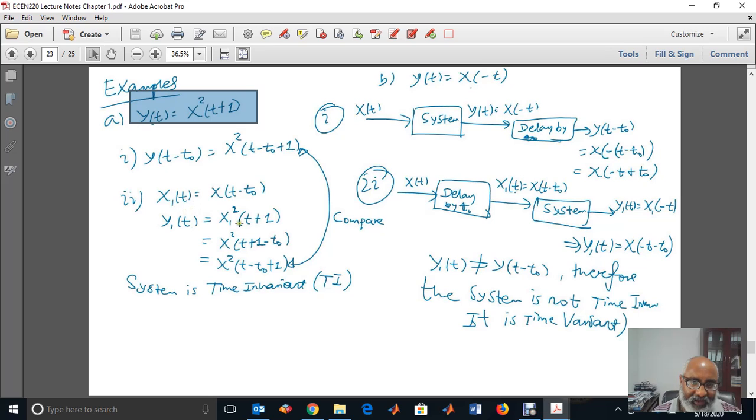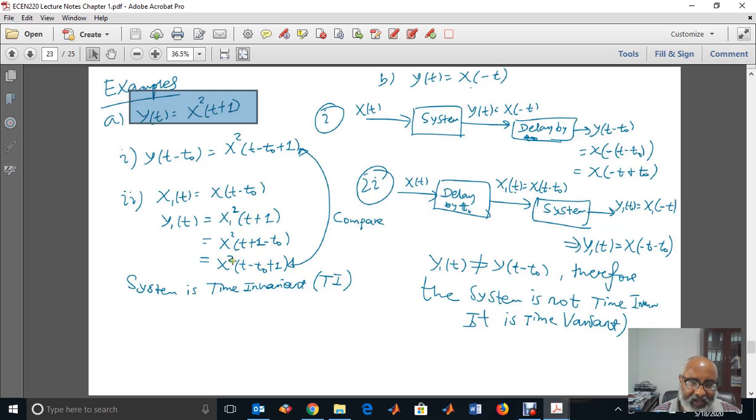So whenever I give x1 of t, I should get x1 squared of t plus 1. But what is x1 of t? It is x of t minus t naught. That means, in the expression x squared of t plus 1, instead of t I substitute t minus t naught.